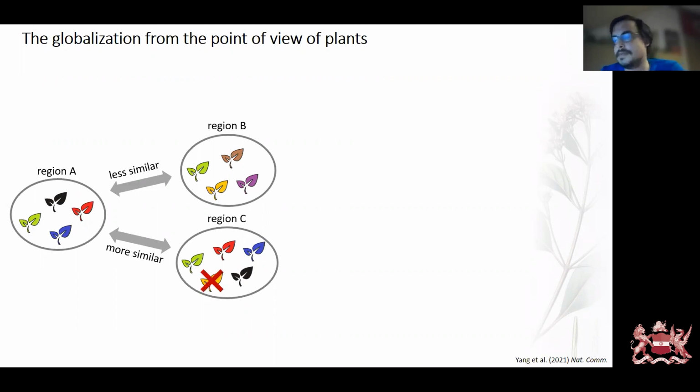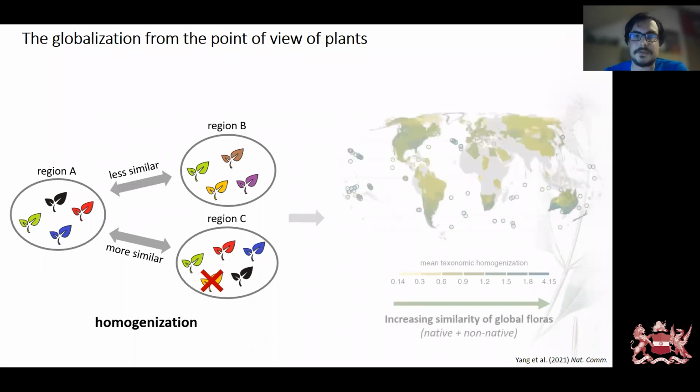Of course, native species might be replaced or become locally extinct, which can either further increase or decrease the similarity between these regions. We looked at this in a very interesting study led by Qiang Yang as well, based on the GLONAF data, where he looked at taxonomic homogenization between regions of the world.